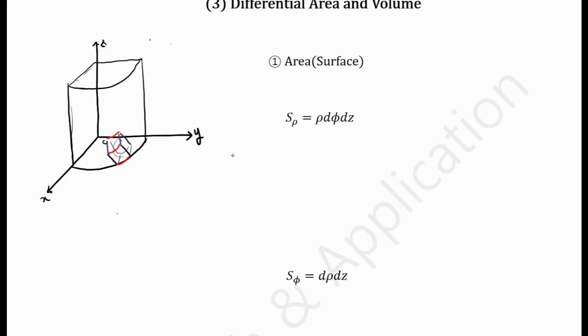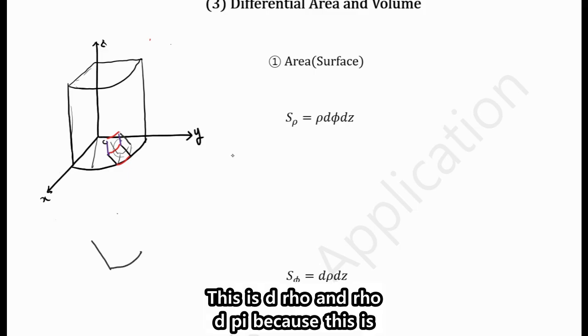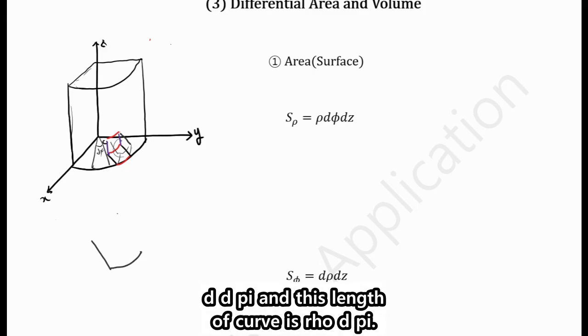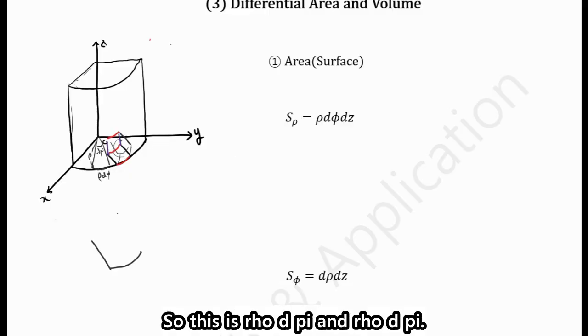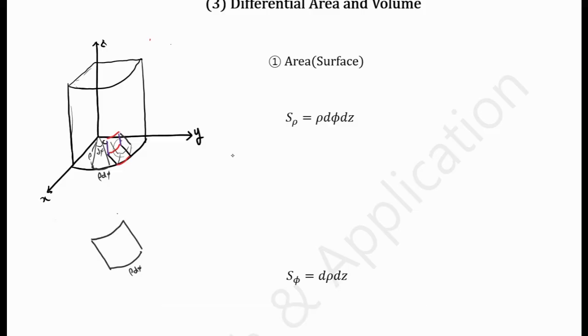This is d phi, and this length of curve is rho d phi. So this is rho d phi and rho d phi, and dz. This is the volume of the cylinder.